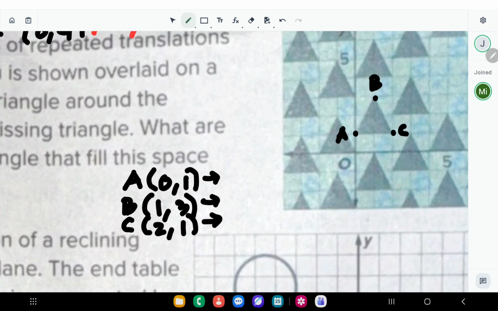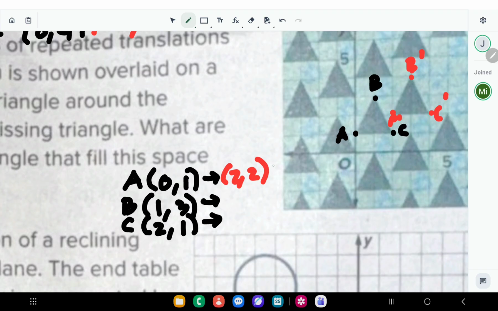Okay, then we choose another triangle that identifies a nearby copy and compute the translation vector. Let's say this one. We choose this one. So let's say this is A prime, B prime, C prime. So A prime is 2, 2.